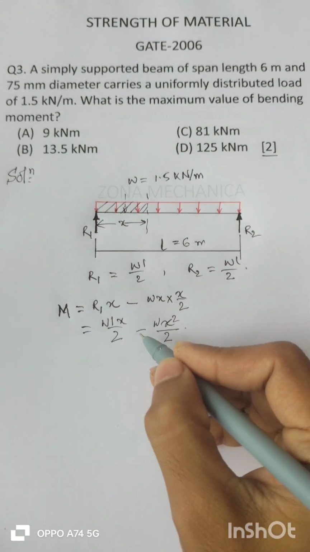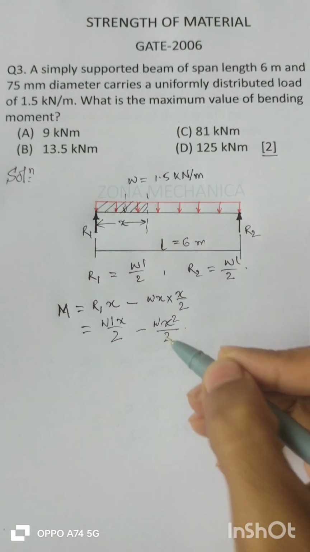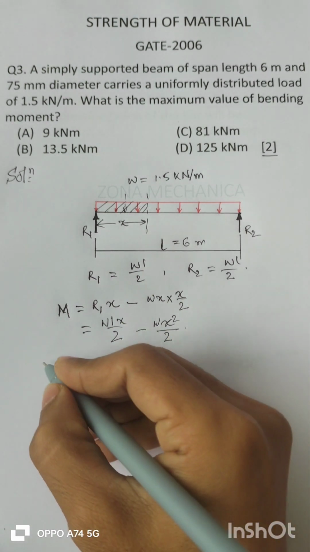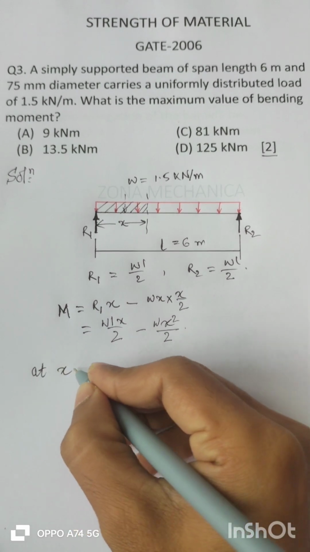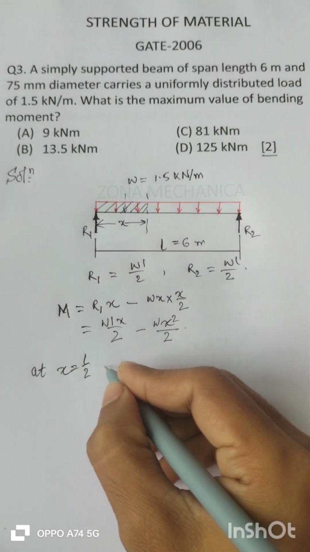Clearly at X is equal to 0, it is 0, and at X is equal to L also it is 0. So consider X is equal to L by 2, that is at the middle of the beam.